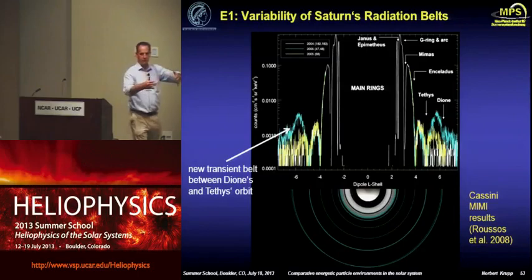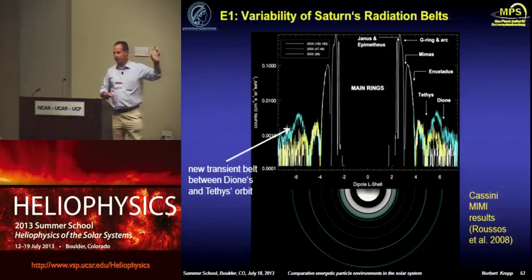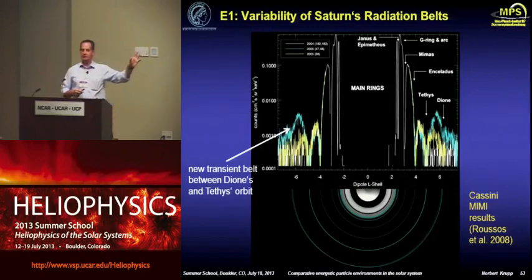And the response of those particles obviously created an additional radiation belt in Saturn's inner magnetosphere, but only until about this point, and no particles were able to make it across the orbits of the moons to have an effect on the inner radiation belts of Saturn.